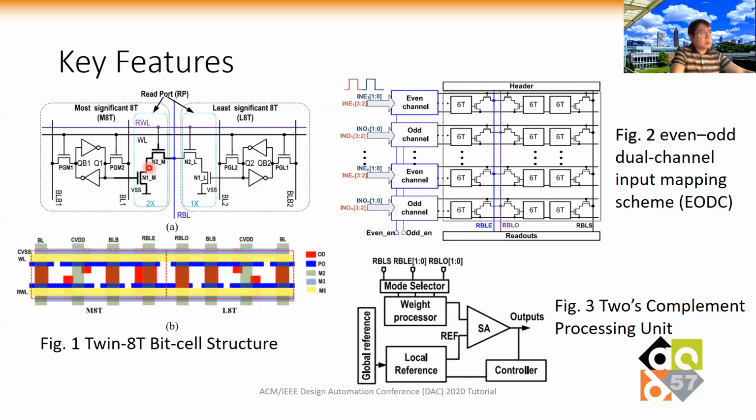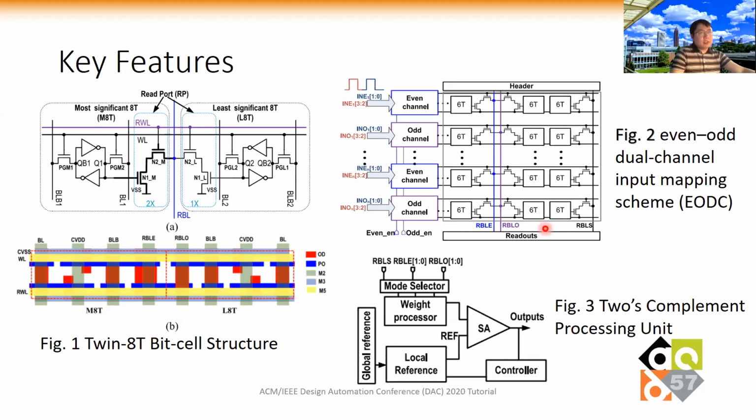So the cascode transistor size, W over L, will be twice that of the cascode transistors of the least significant 8T cells. So by sizing up the transistor size, we can directly combine the current in the analog domain through the read bitline. And this is the layout of the twin 8T cell.